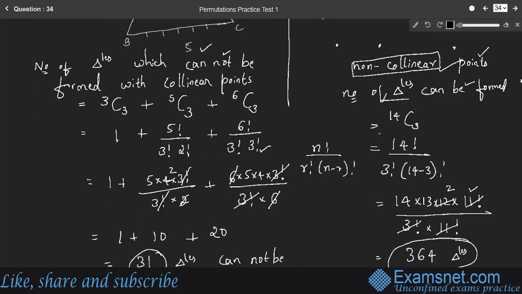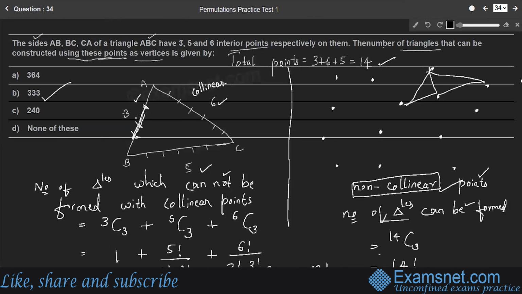Option B is the right answer. In the ideal case, when points are non-collinear, 364, option A is the right answer. In this particular case, since there are collinear points on all three sides, we have to subtract the number of triangles that cannot be formed with collinear points, which are 31 triangles. Therefore, we have option B as the right answer.